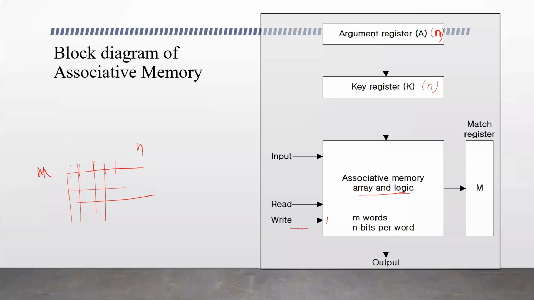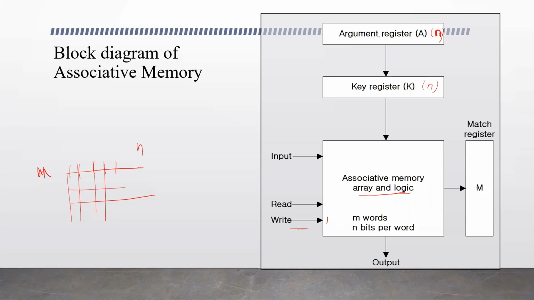And the key register is to identify the bits, or to identify the key. As I told you, the whole content may not always be used to search, because if a word has n bits and all the bits are used to search, then all the bits need to be compared with all the n bits of each word in memory. So the time taken will be more.